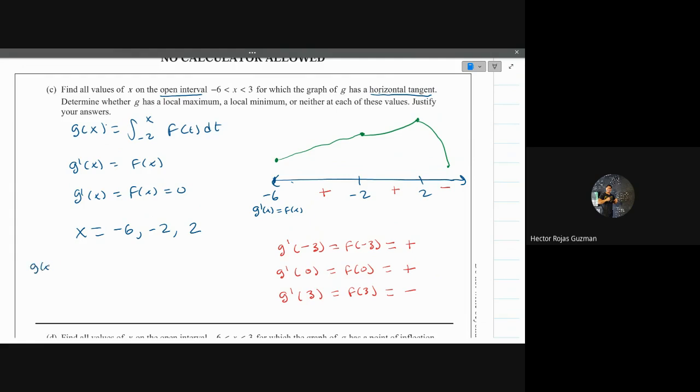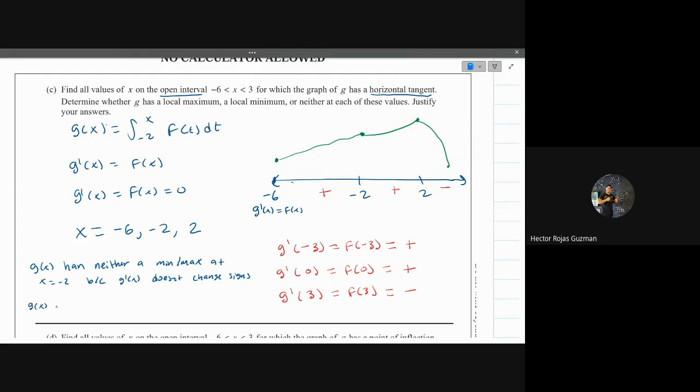G has neither a min or a max at x equals -2 because G prime doesn't change signs. We went from positive to positive, so that was no critical point.